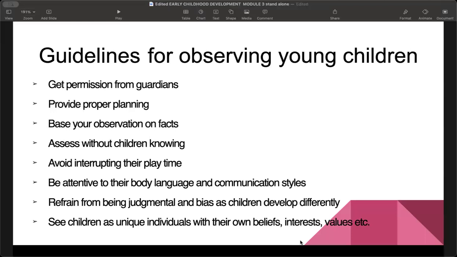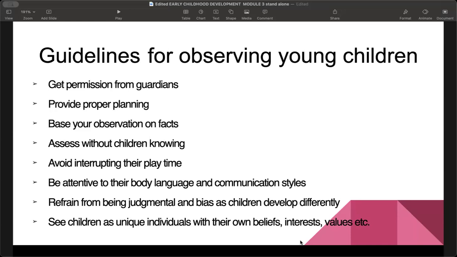Be attentive to their body language and communication styles. Refrain from being judgmental and biased as children develop differently. See children as unique individuals with their own beliefs, interests, values, etc.